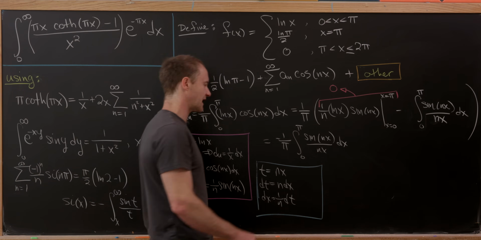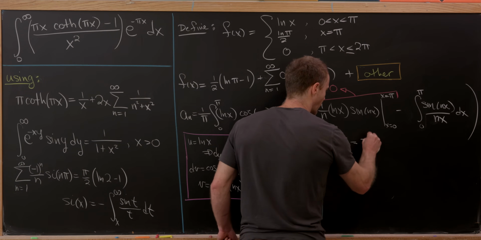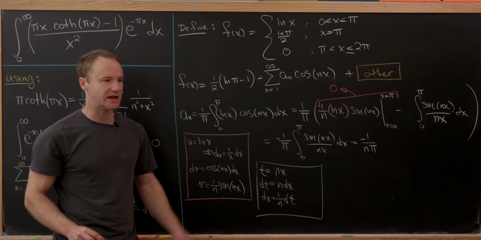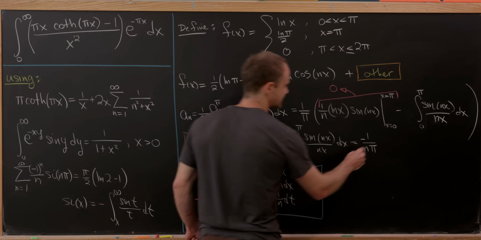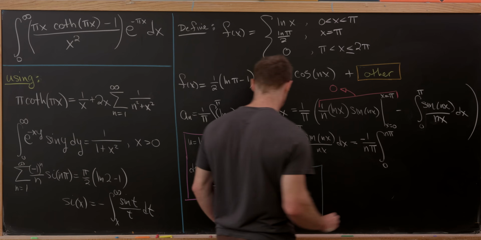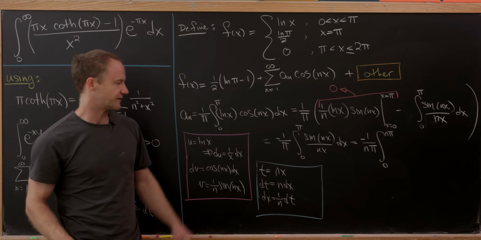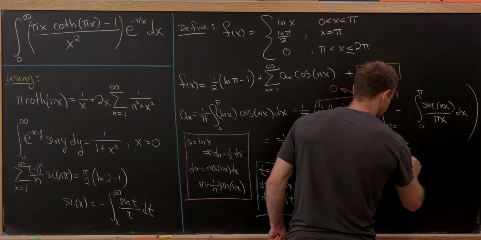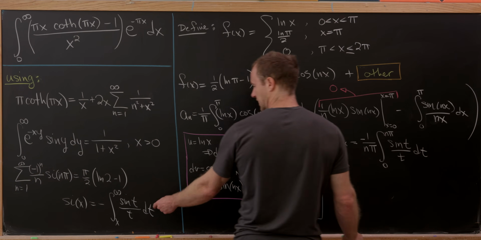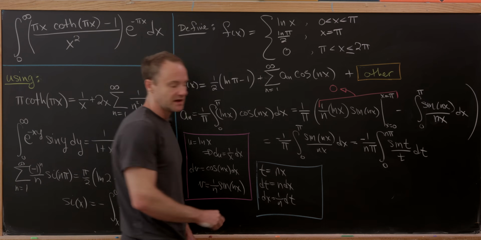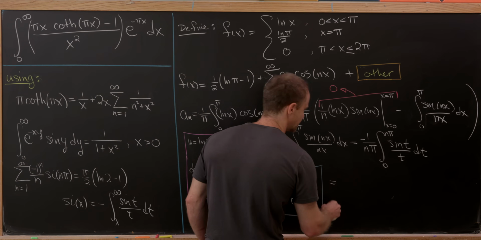Okay, so let's see what that leaves us with. We'll have now a 1 over n times pi out front because of this new n. And then we'll now have the integral from 0 to n times pi, given this change of variables, of sine of t over t dt. So we're getting close to this object right here, but we're not quite at it. Now I'm going to do this.